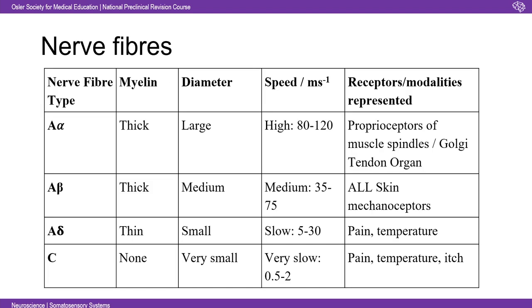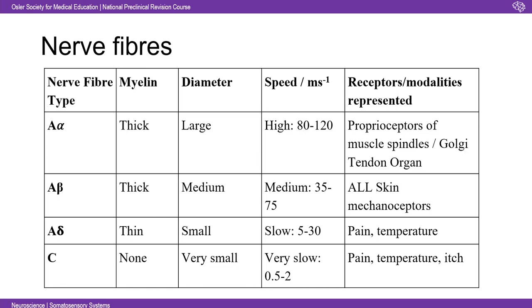And as I said, you've got different nerve fibers, which have very different characteristics. Importantly, the different nerve fibers, which vary both in whether they're myelinated and their diameter, carry impulses from different receptors. As a broad rule, you have large and small fibers and myelinated and unmyelinated fibers. The more myelinated, larger fibers tend to carry impulses much faster.